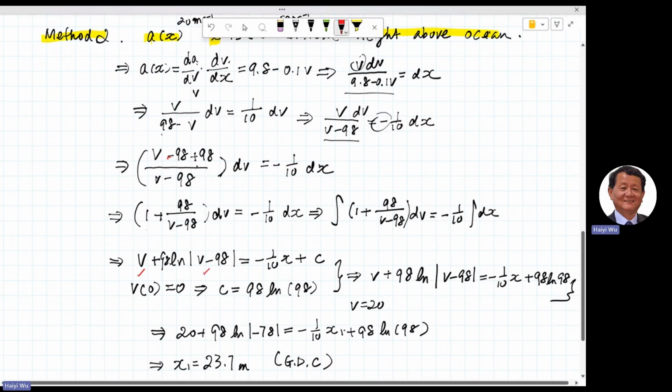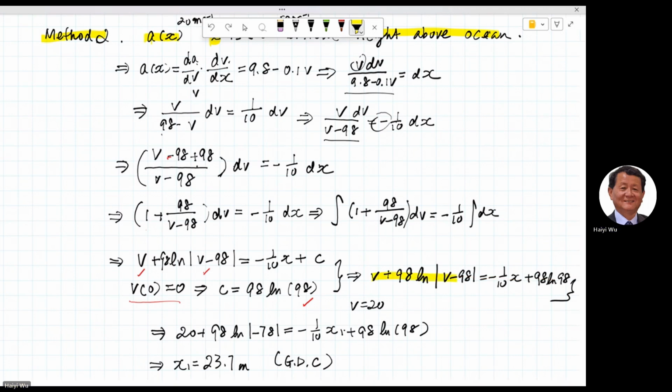V plus 98 times log of the absolute value of V minus 98, and the right-hand side is negative, plus C. Don't forget to decide what C is. C is found by substituting V equal to 0, so C is 98 times log 98. So my velocity with respect to X is given by this equation.